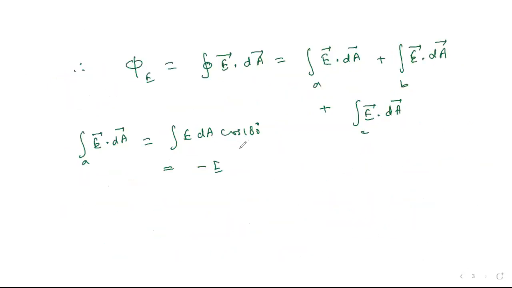So what will it become? It will become integral dA cos 180 degrees, which is minus 1, and E I take out of the integral.